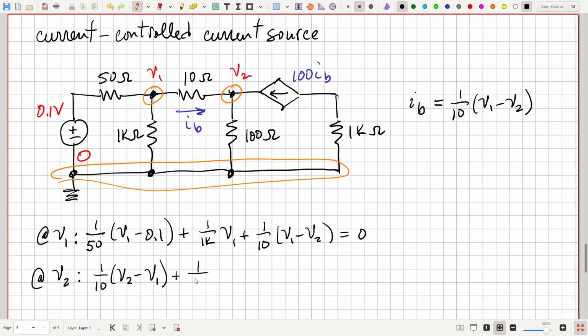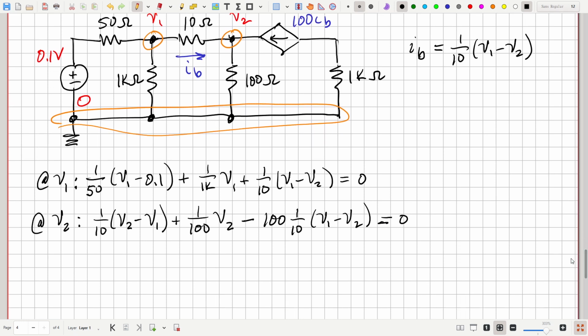So 1 over 100 times V2. And then this current here, which is the negative of this current controlled current source. So it's minus 100 IB, but here's IB, which is 1/10 V1 minus V2, equals 0.